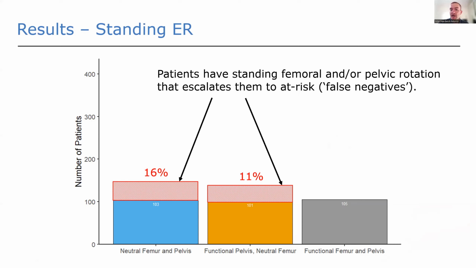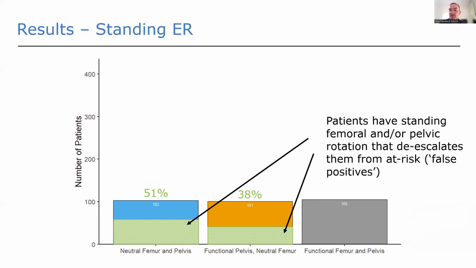For example, many patients have standing femoral and/or pelvic rotation that escalates them to a simulation fail, what we might call a false negative, when we use functional pelvic and functional femoral positioning as the gold standard. Additionally, many patients have a standing femoral and/or pelvic rotation that de-escalates them from simulation fails to simulation passes, what we might call a false positive.